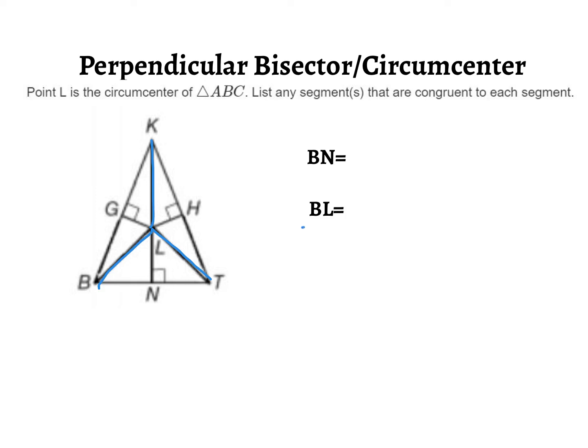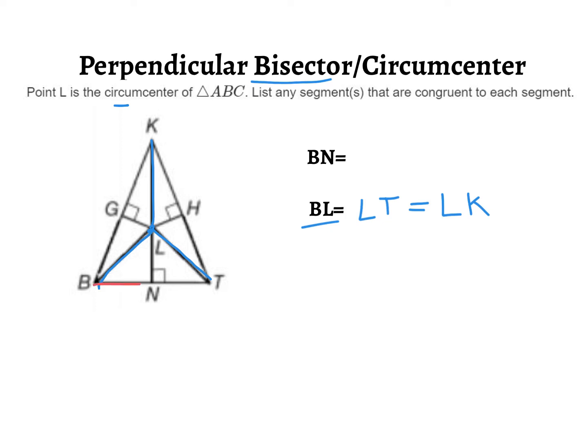So BL, which is the circumcenter, right? BL should equal LT and should also equal the other one, LK. These are the blue lines. Now, because we're dealing with a circumcenter and perpendicular bisectors, each segment is going to be cut in half.